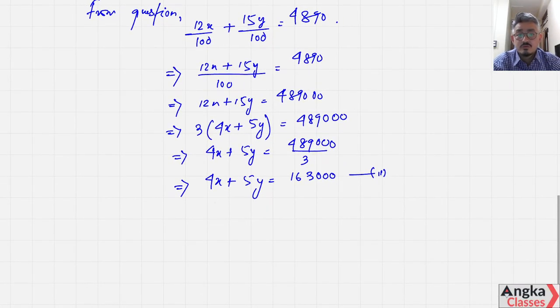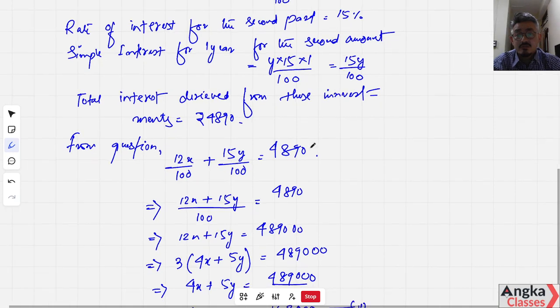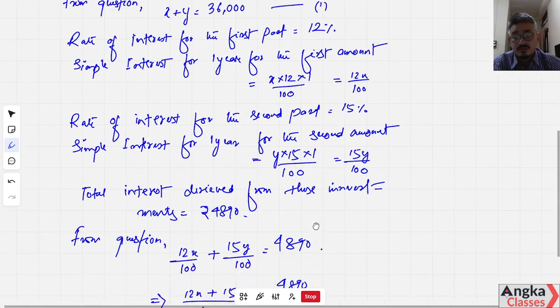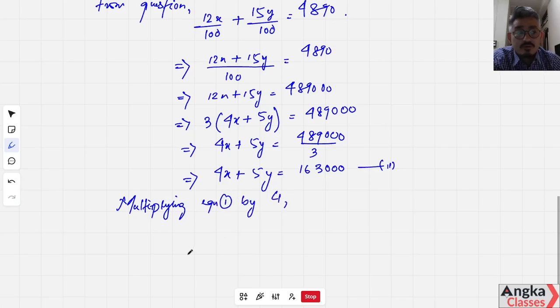Now we have equation 1, x plus y is equal to 36,000, and equation 2, 4x plus 5y is equal to 163,000. We use elimination, multiplying equation 1 by 4: 4 into x plus y is equal to 4 into 36,000.